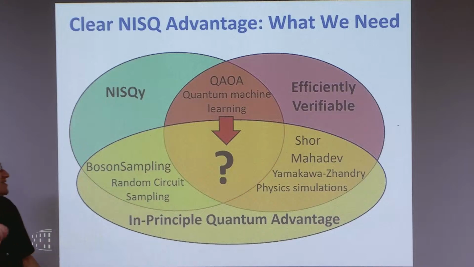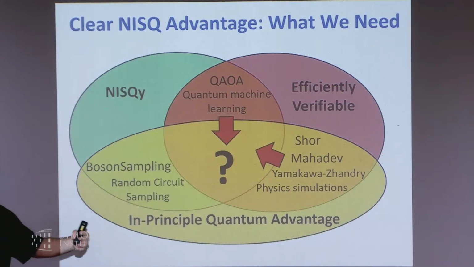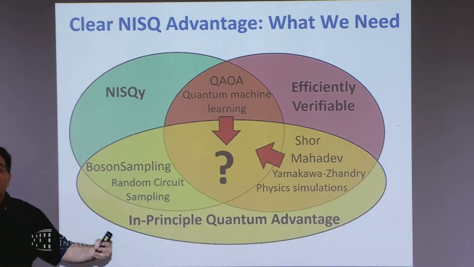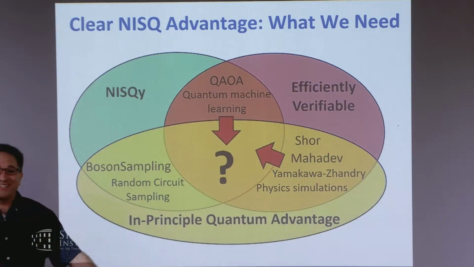And so you could imagine three ways to go about that. We could start with these heuristic optimization methods that we can do on NISQ devices and look for a clear advantage from them, as Eddie and his collaborators have been trying to do. You could start with protocols that involve cryptography or number theory and try to squeeze them so they fit on a NISQ device.